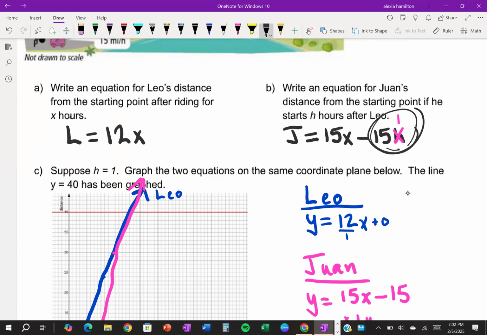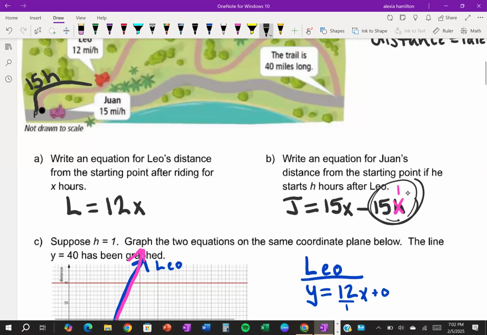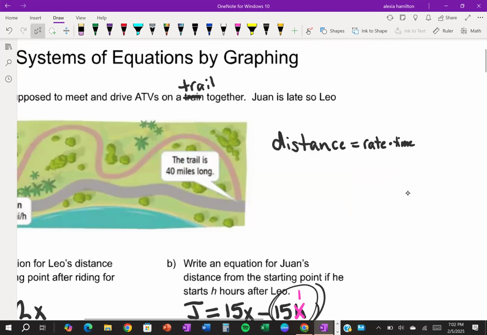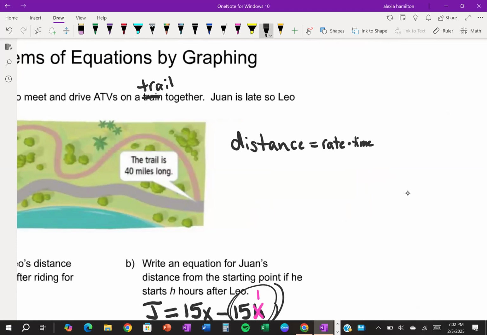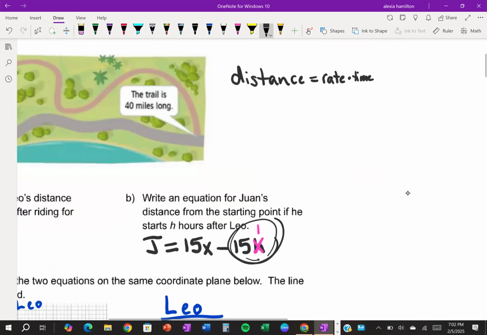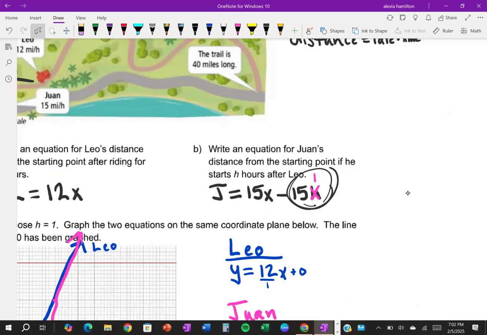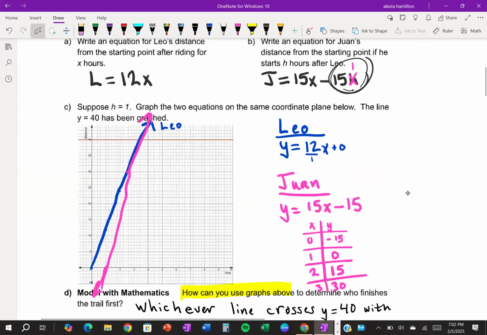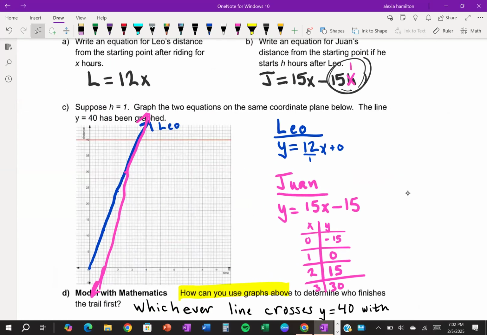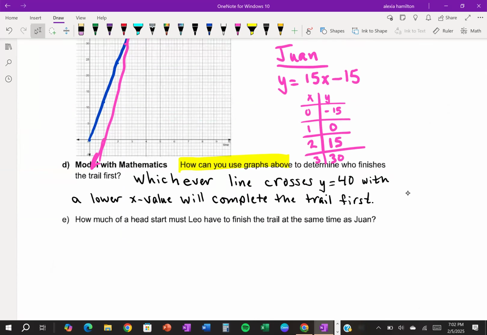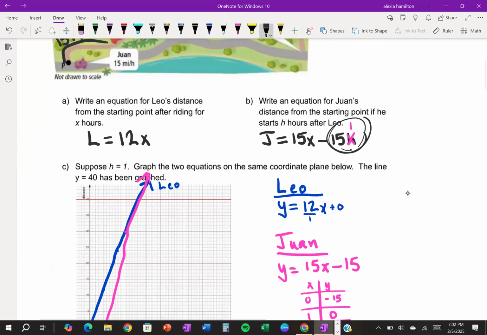So we want time to be the same. So it's going to be distance divided by rate. No, we're solving for time. Is that what we're doing? No, we want to know what the head start is.